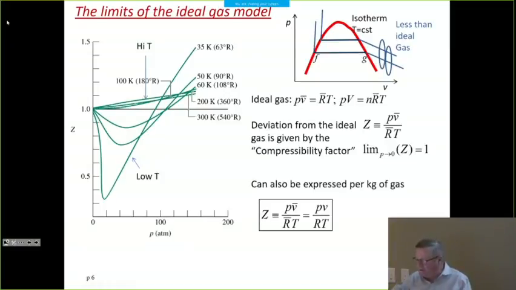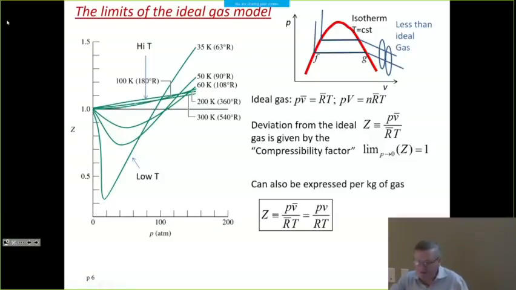Well, one defines the deviation from the ideal gas by this quantity Z, which is called the compressibility factor. So it's basically P V bar over R bar T, which would be 1 for the ideal gas, but it deviates from 1 here. So we can plot that compressibility factor as a function of the pressure.